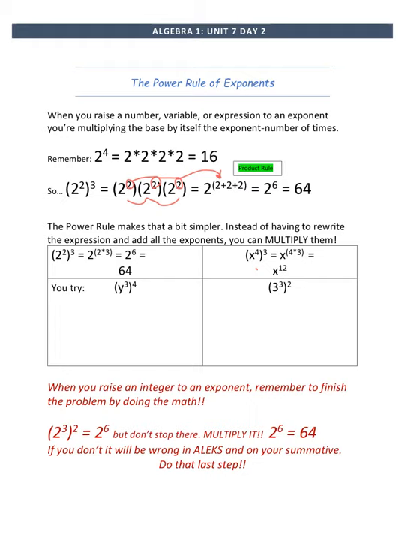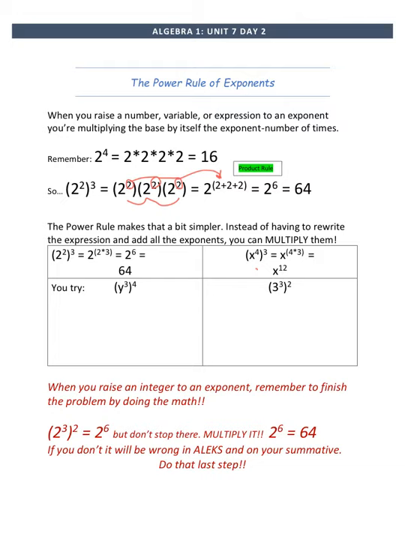If I am raising an exponent to the 3rd power, it's 2 to the 2 times 3, which is 2 to the 6. Let's take a look at the x. X to the 4 raised to the 3rd power is x to the 4 times 3. And that's x to the 12.